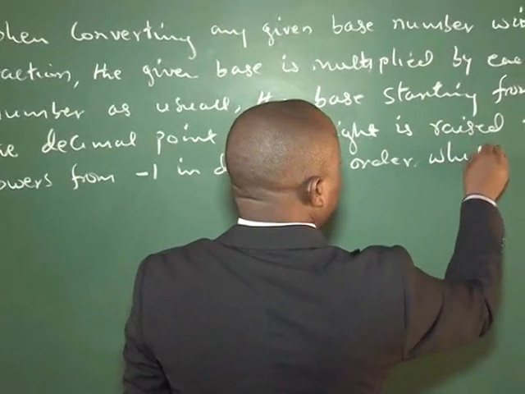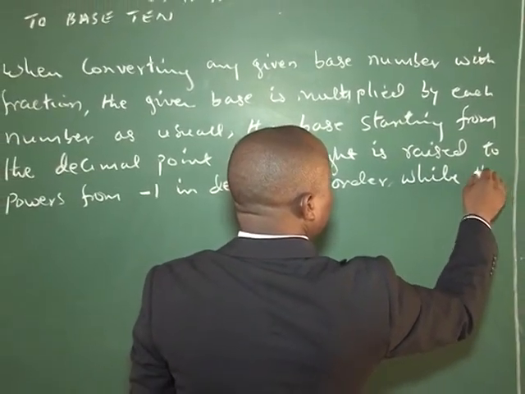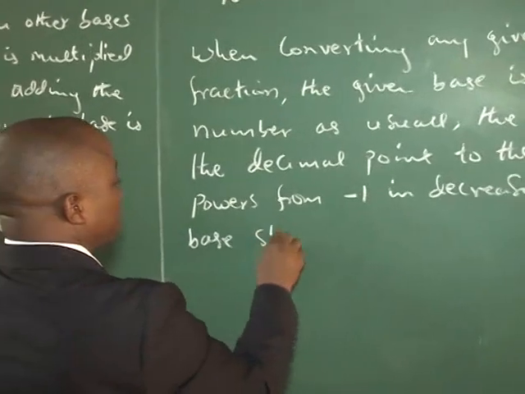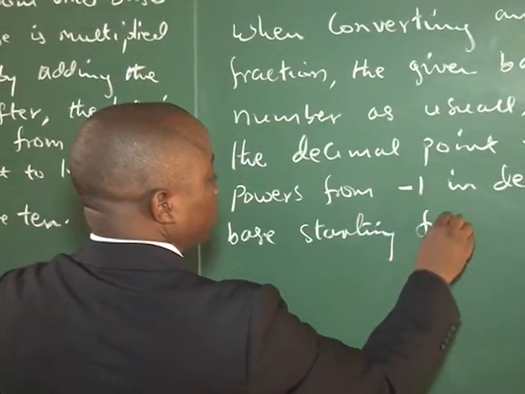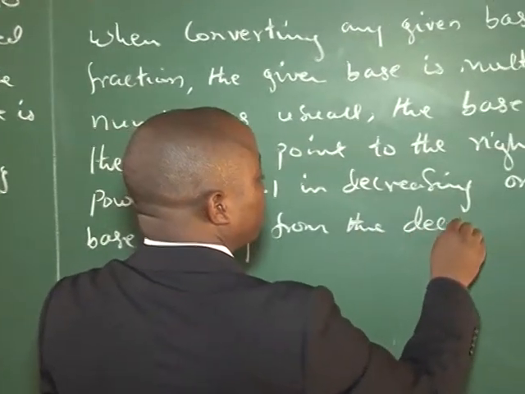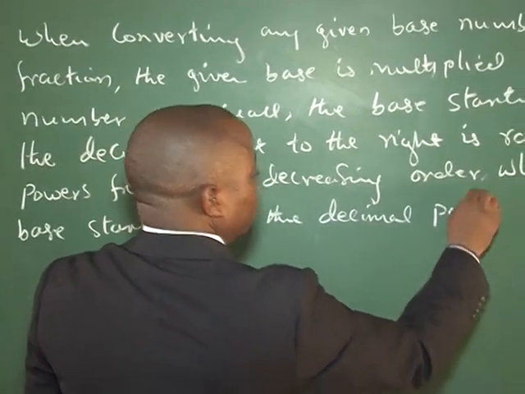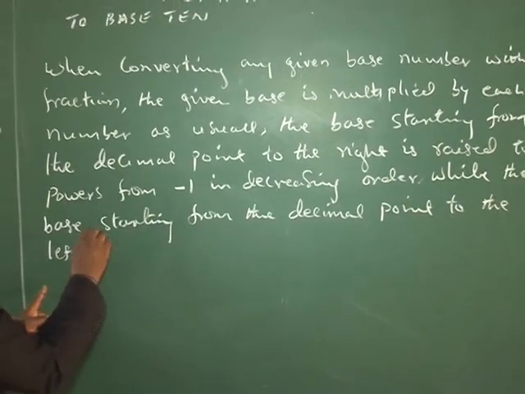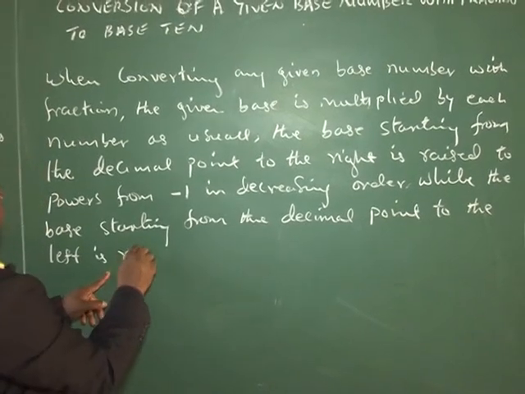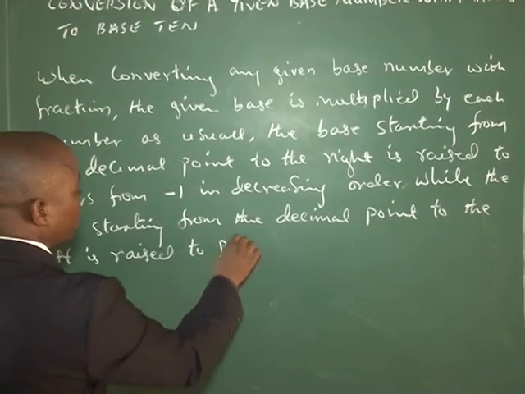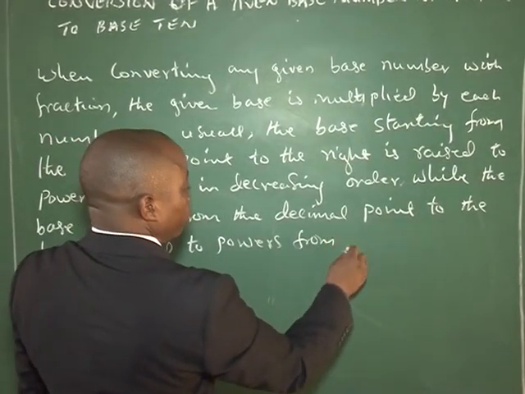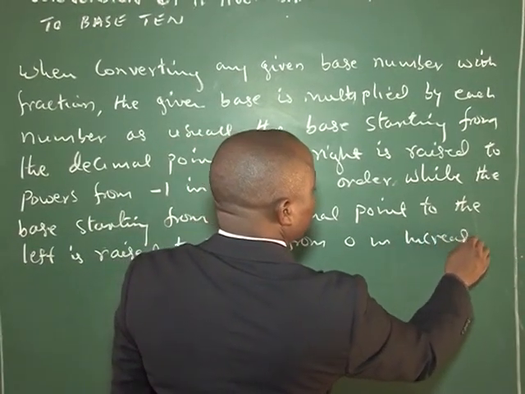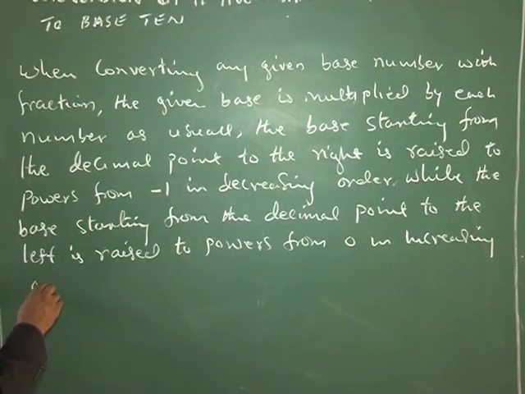While the base, starting from the decimal point to the left, is raised to powers from 0 in increasing order.